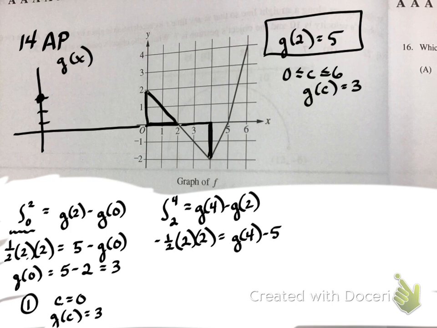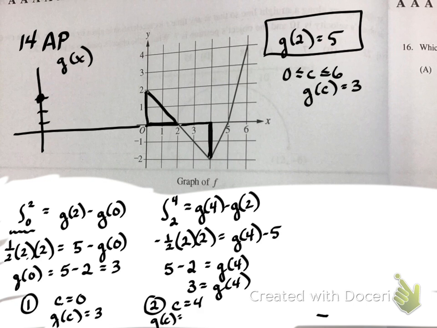So g of 4 is 5 minus 2. So g of 4 is equal to 3. So there's another value. When c is 4, g of c is 3.